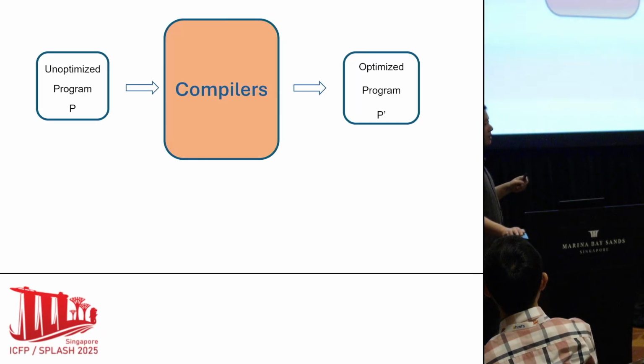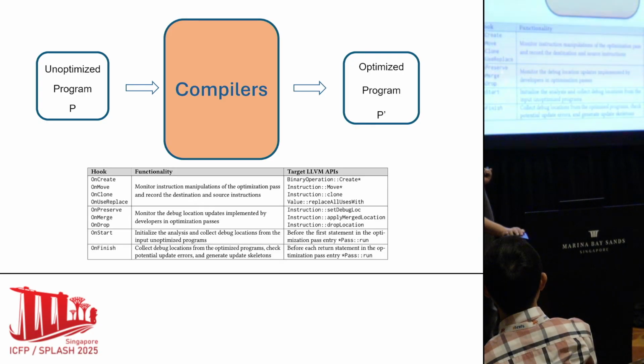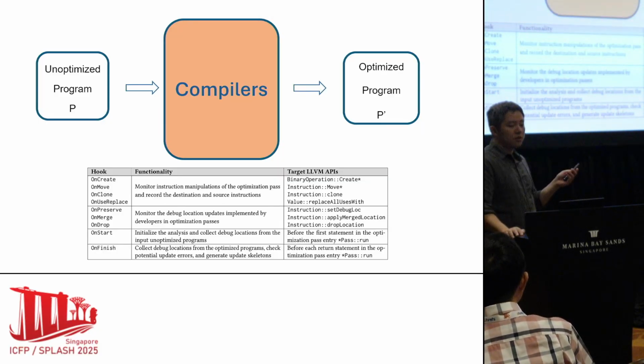Once we have this instrumentation ready, and once we are given an input program P, we should be able to collect a trace of actions taken by the compiler in order to optimize your code and update the debug location information. This is basically what we did in our work to instrument the LLVM APIs, and here we listed the APIs that we instrument.